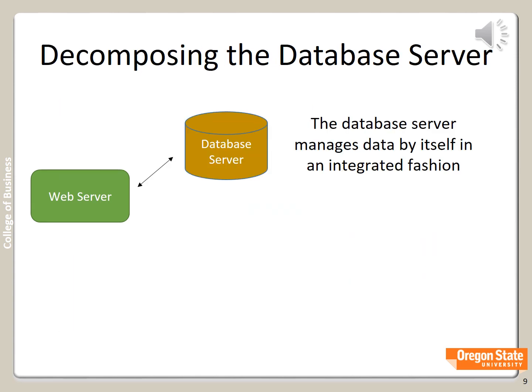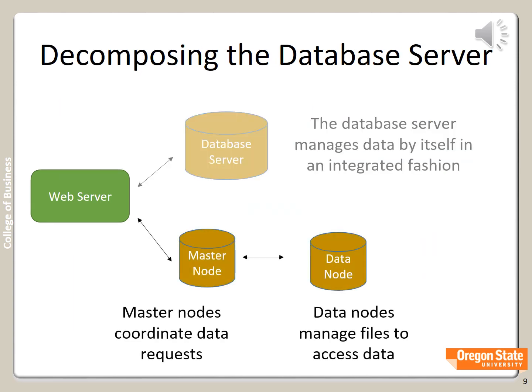Most relational database management systems run on a single, very fast computer. In contrast, document store systems such as MongoDB split up the tasks done by the database server and run them on multiple computers. Document store architecture decomposes the tasks. Master nodes accept and manage requests, transferring stored data back and forth with data nodes.